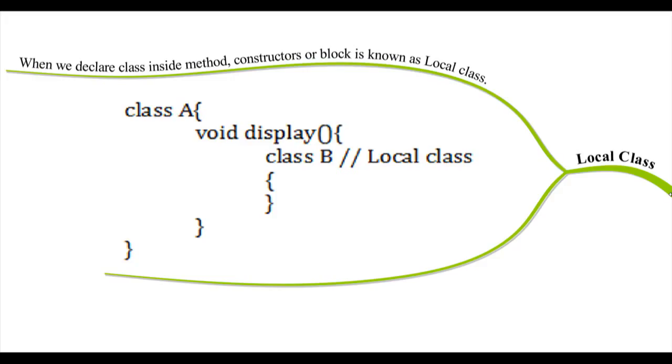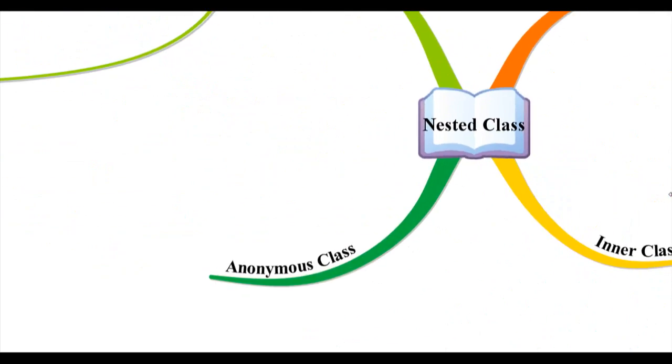I have declared class A and class B, but class B is declared inside the method void display. Generally, whenever we declare any variable inside the method, in the same way we have declared the class inside the method, that's why it is known as a local class.